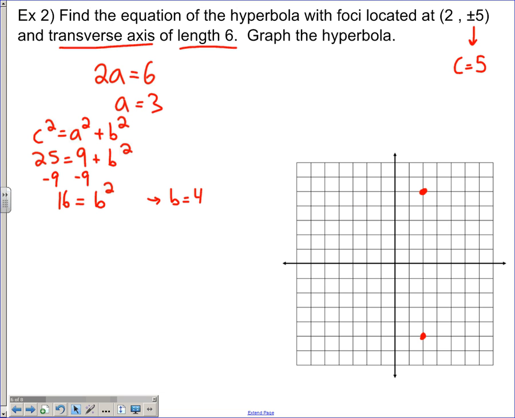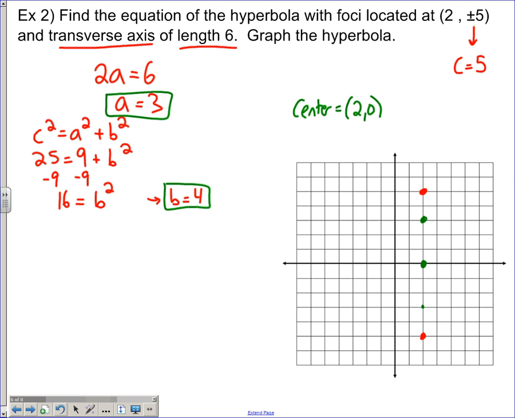So we have some more information we can graph here. We can graph a equals 3 and b equals 4. Since we know our center would be directly between our two focus points, it would be here at 2, 0. And we could count our a value up 3, 1, 2, 3. That's our vertex.